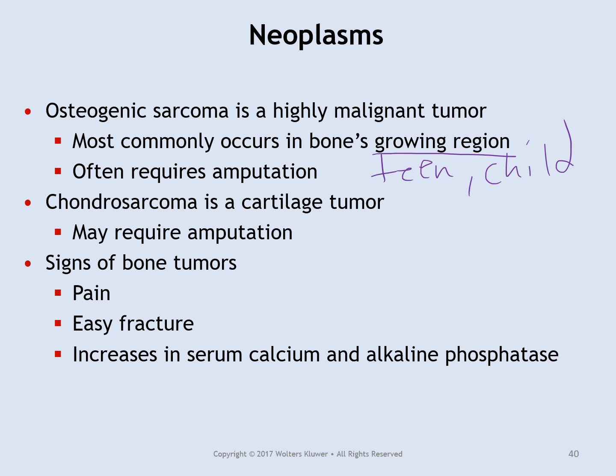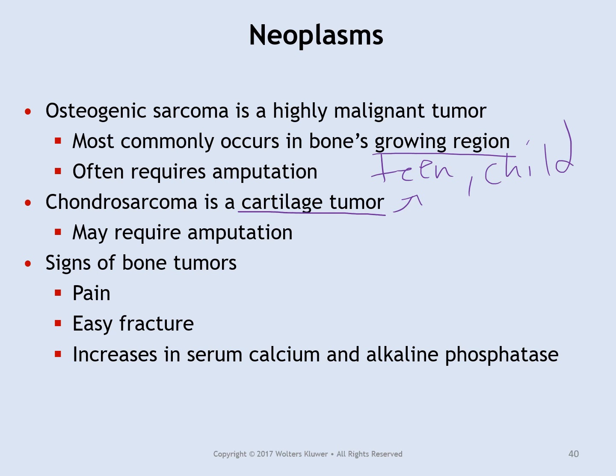Often this will require amputation of the limb to save the rest of the body because this tumor spreads very quickly. Chondrosarcoma is a tumor of the cartilage that you also often see in younger kids around the growth plate. This also requires amputation, unfortunately, because if you don't remove that limb, that cancer spreads very, very fast.